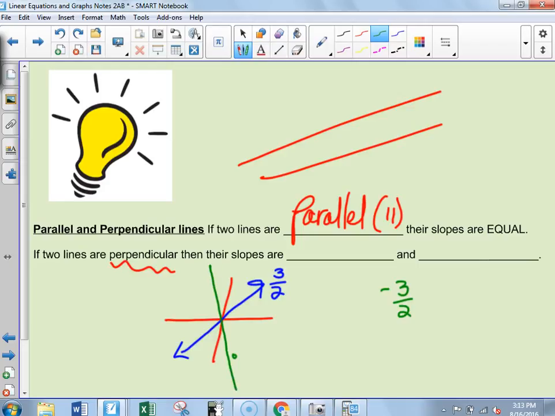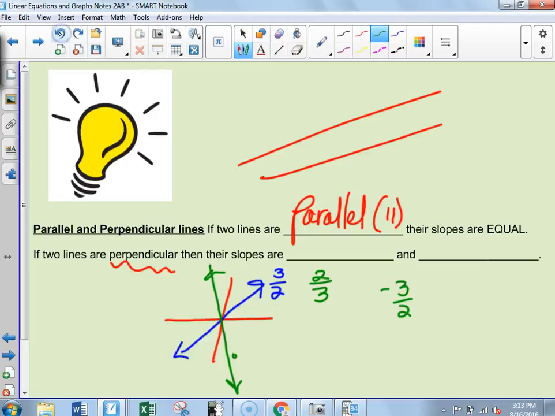Are those looking like they're going to make a right angle? You have to flip it over, okay? So what if I did 2/3? So I went up 2 and over 3. Okay, the blue one and this green one aren't perpendicular either, right?